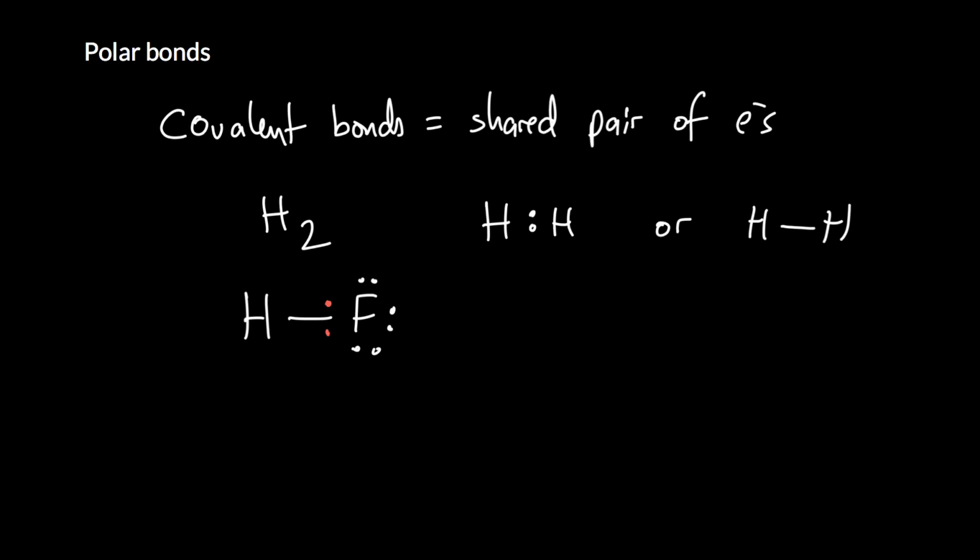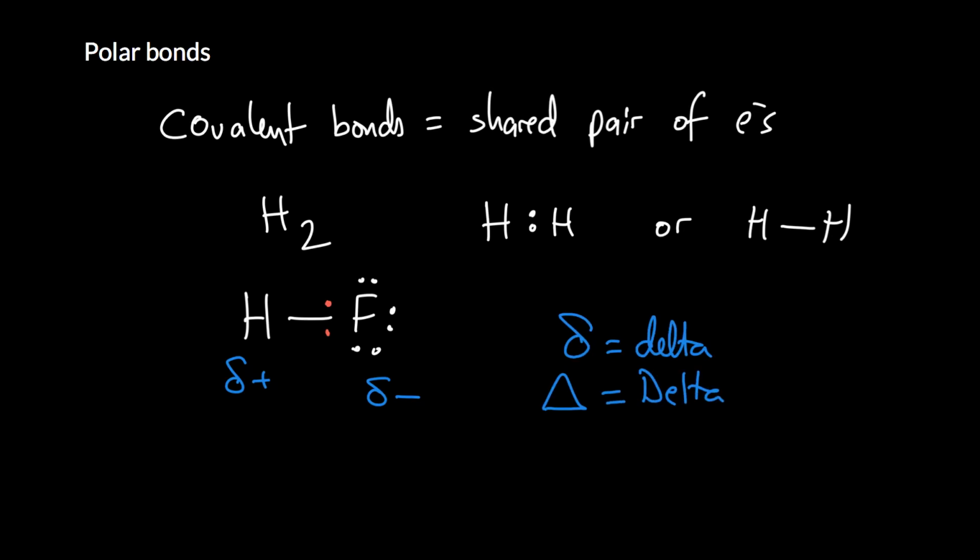In fact, the right-hand side is slightly negatively charged, and we normally write that using this symbol here, and the left-hand side is slightly positively charged, so we normally use this symbol here. If you're wondering what this is, it's a Greek letter, the Greek letter delta. You may have also seen this as the Greek letter delta as well.